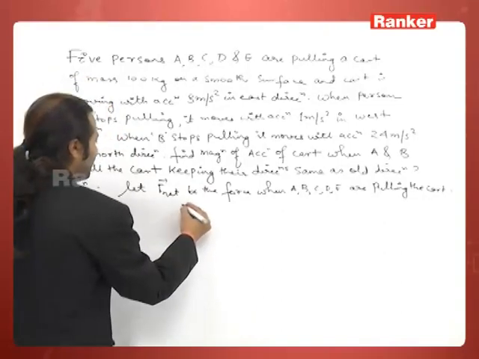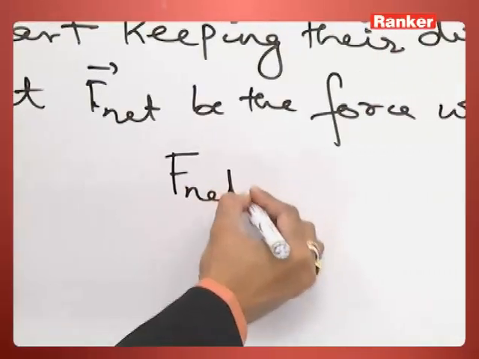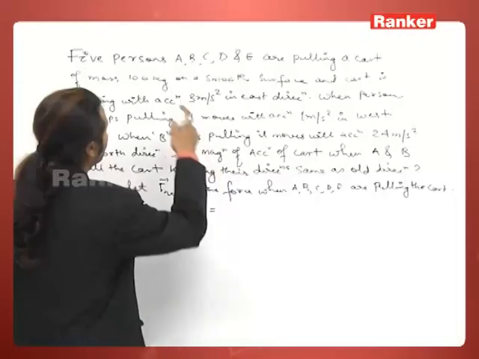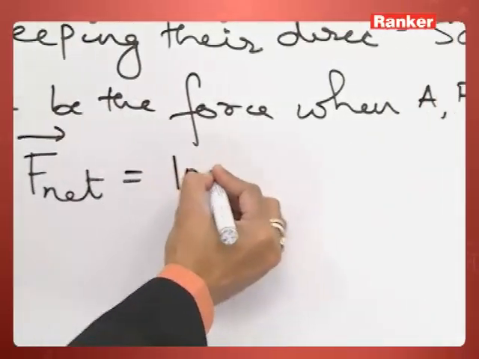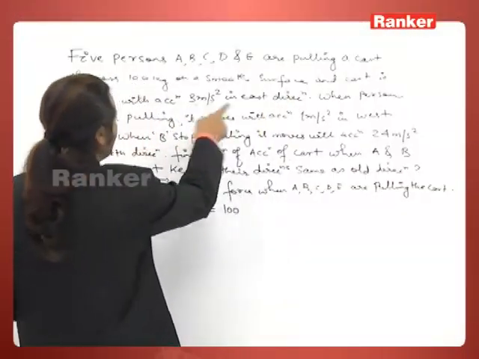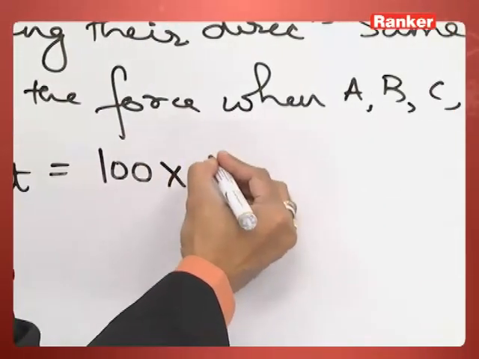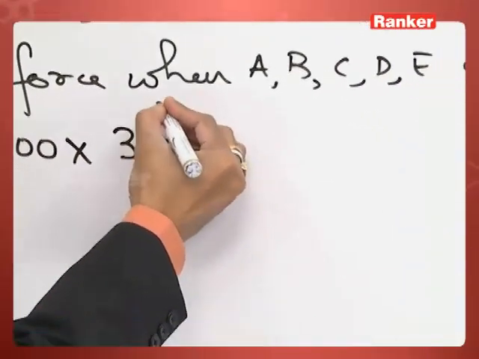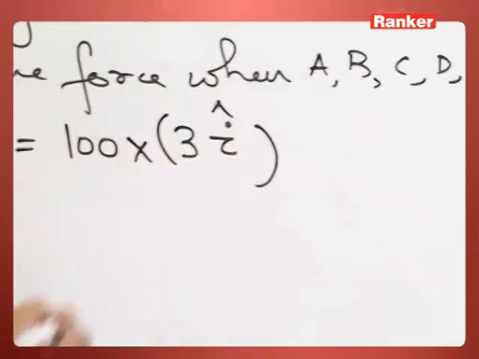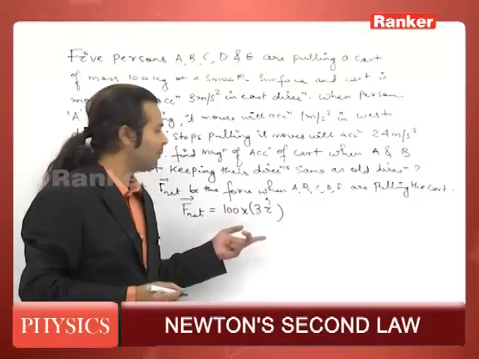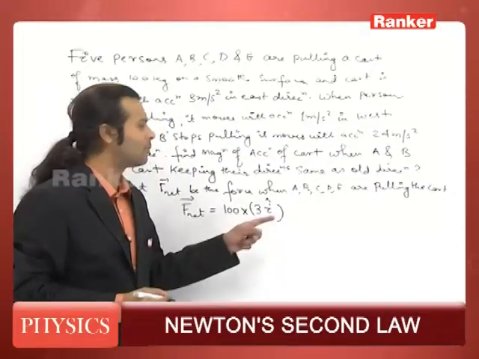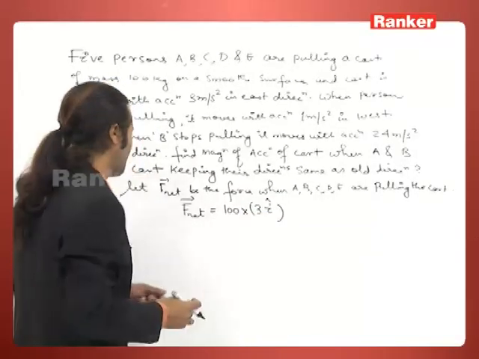So I write vectorially F net equals to mass, which is 100 kg, and it is moving with 3 meter per second square in east direction. So I take east direction to be i cap, west direction as minus i cap, north direction as plus j cap, south direction as minus j cap.